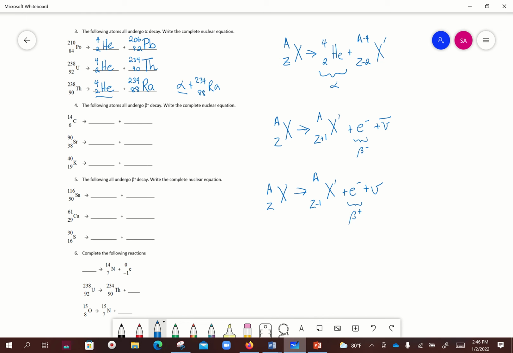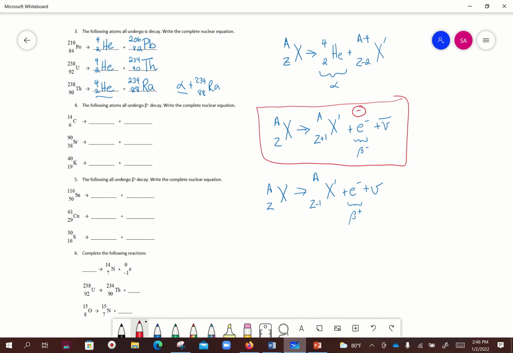All right, let's do beta minus decay. For beta minus decay, we have a nucleus. It gives off an electron, which is sometimes also called a beta minus particle. It gives off an electron, and so it adds a negative charge on the right side.